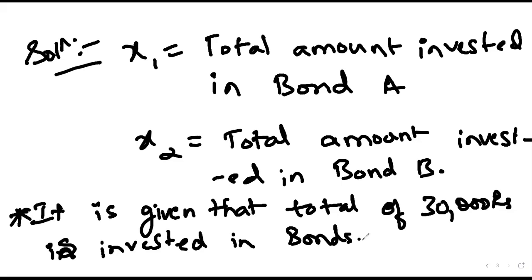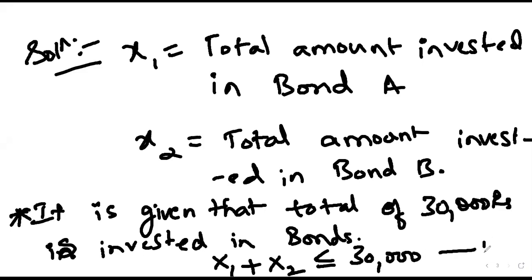What would be the equation here? The first equation can be x1 plus x2 less than or equal to 30,000 rupees.